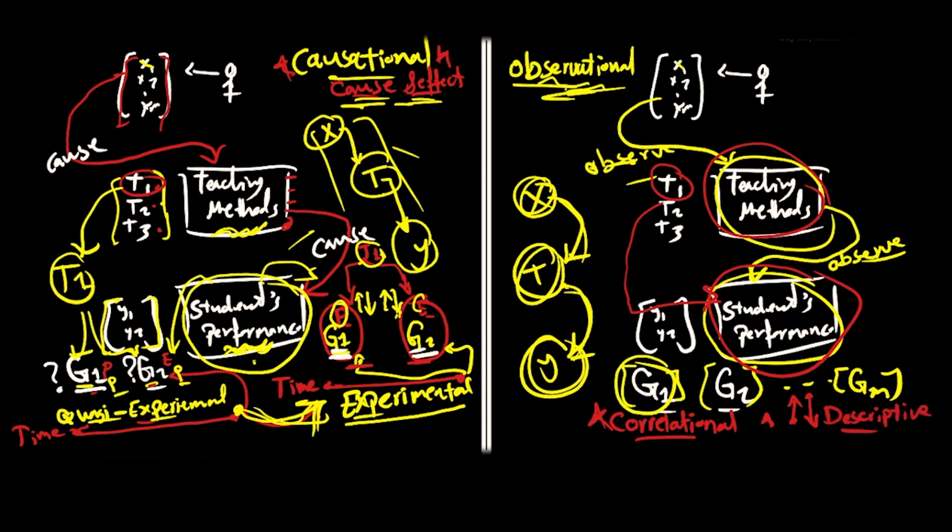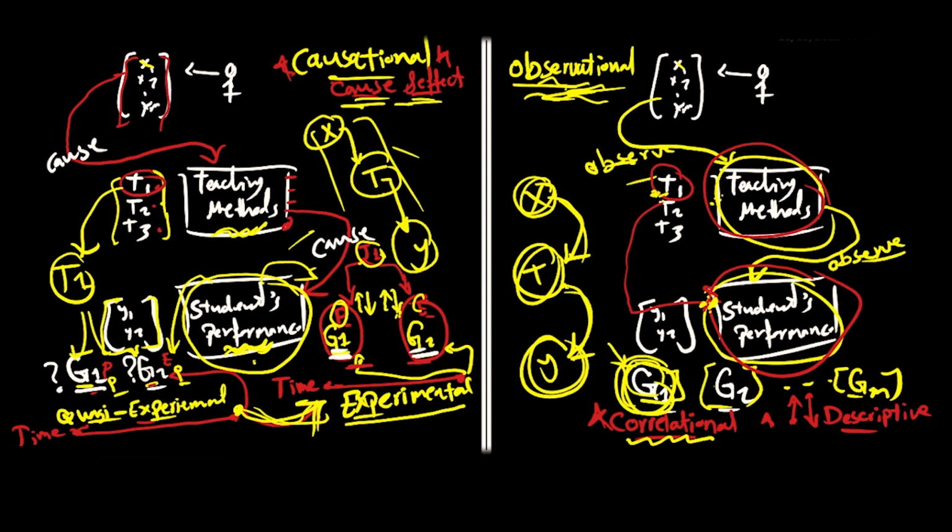So one last time, although I am repeating myself just to clarify, if I am in the observational world of research design, choosing any number of groups of students doesn't really matter. I am not comparing between the groups, but actually I am just observing each group individually by measuring their variables, and based on that I try to find the correlation between the two elements that I'm investigating, in this case the effect of teaching method on student performance.